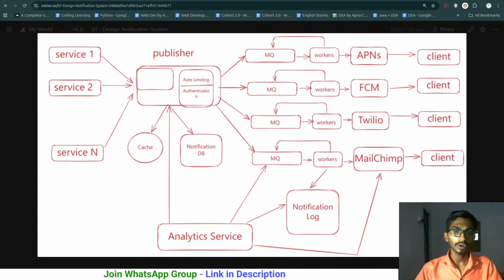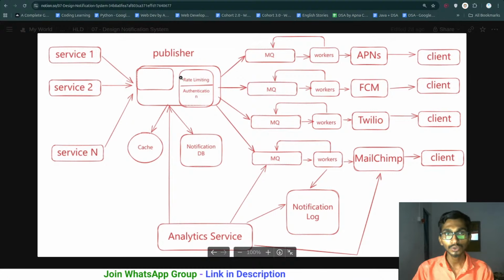This is one of the most important things that you have to keep in mind. There are going to be many services. Those services may request to send the emails. Any service may request to send the email, so it sends the request to the publisher.